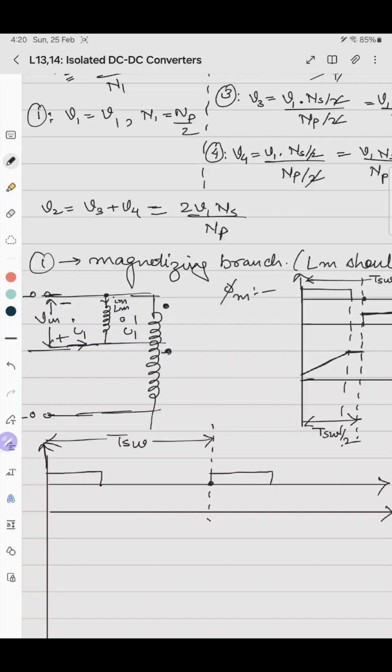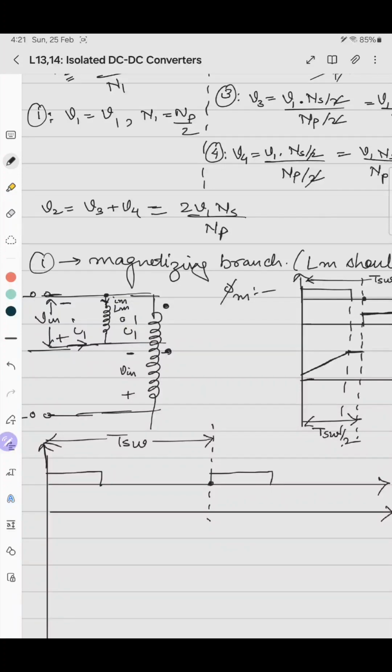In this case, the voltage across the Lm winding is of reverse polarity to that of the dot convention. The voltage induced across the below primary winding will be Vin, where negative is here and positive is here. It means that a negative voltage is applied across this Lm branch.